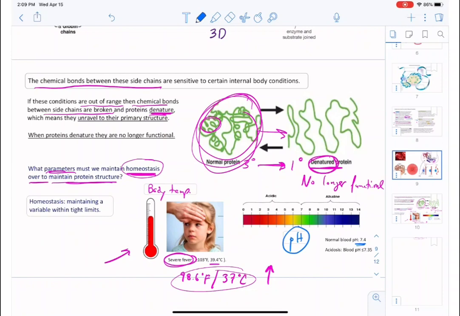And if, for example, the blood becomes acidic, starting to get below about 7.35, then these side chain interactions start to break down, proteins start to denature, and again, the body starts to shut down, which is obviously not good. So body temperature and pH, we have to maintain within strict homeostatic ranges to keep the tertiary structure of these proteins.